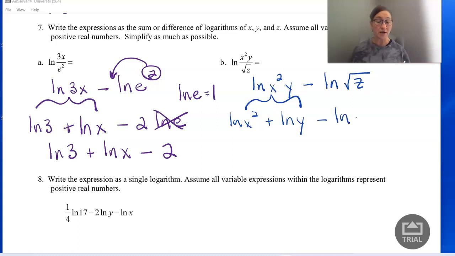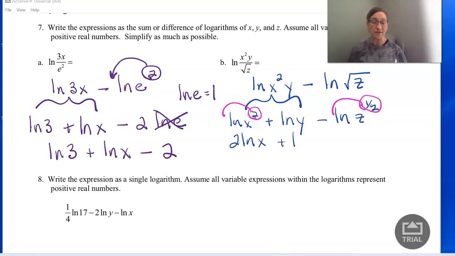So natural log of z to the 1/2. So now I can take both of these powers and bring them out front. So that's going to leave me with 2 natural log x plus natural log y minus 1/2 natural log z.